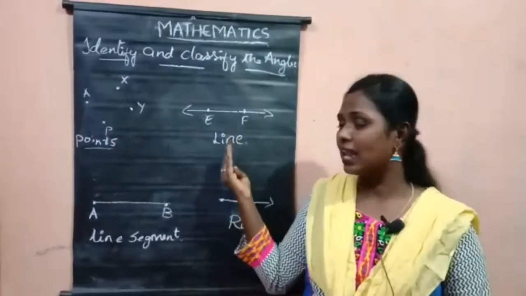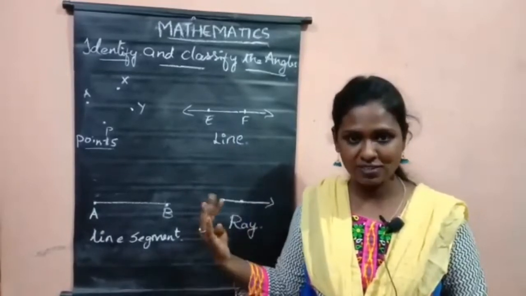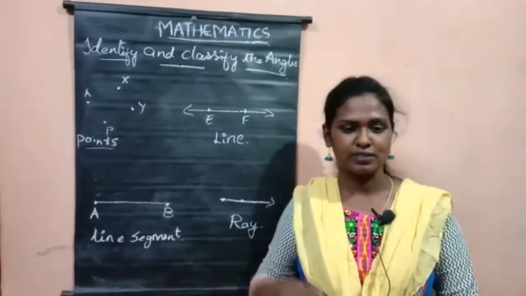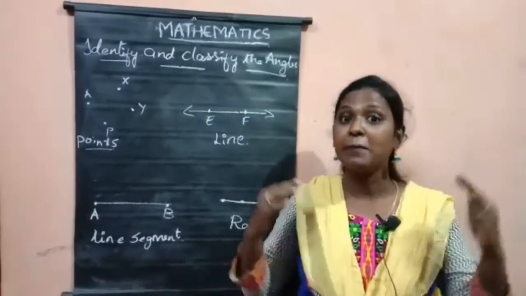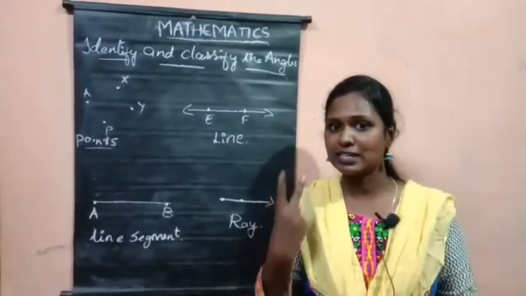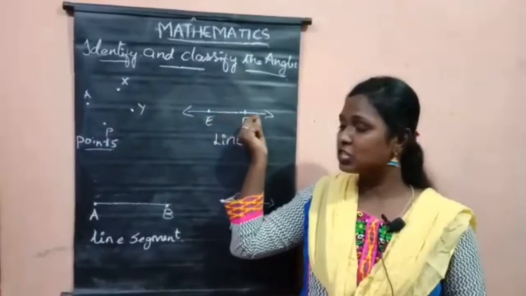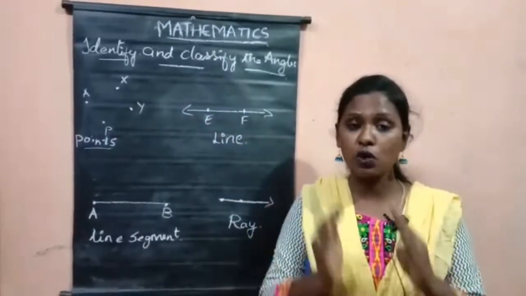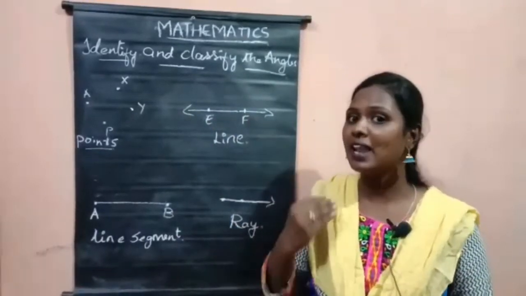Let us move to the line. Children, do you know what a line is? Many points placed together, not a single or a double point, many points attached together and close together in a straight path form a line.